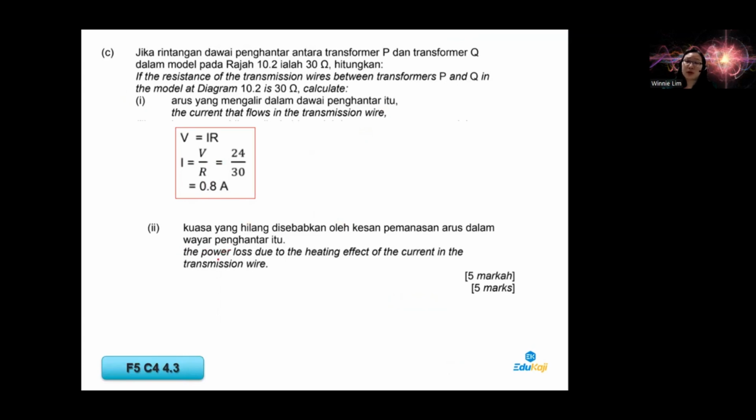I mentioned just now that the formula for power loss is P equals I square R. So 0.8 square times 30, and hence you get the answer 19.2 watt. So bear in mind, always show the substitution and the correct answer with unit.